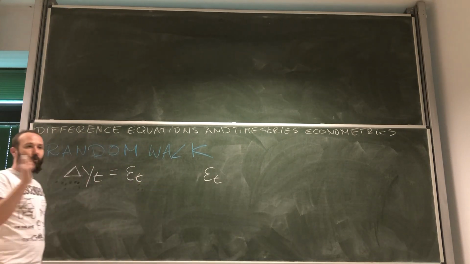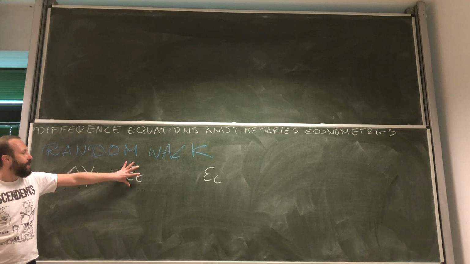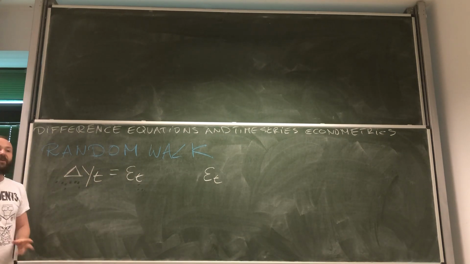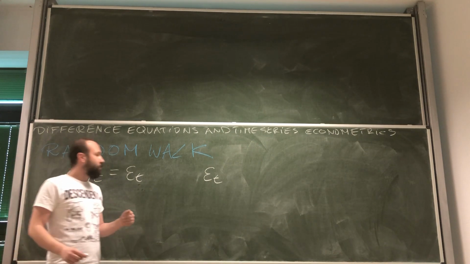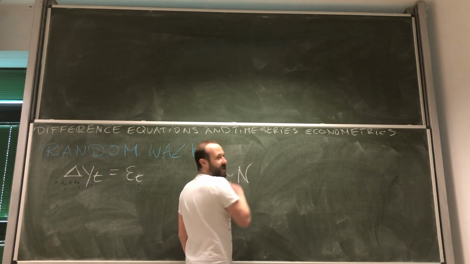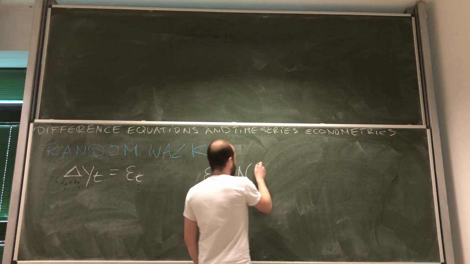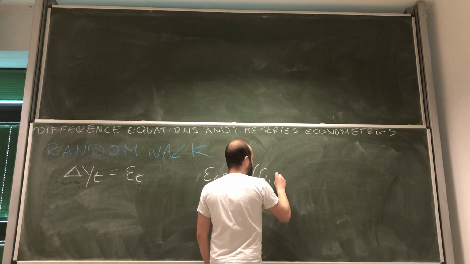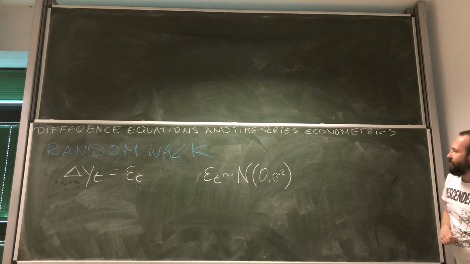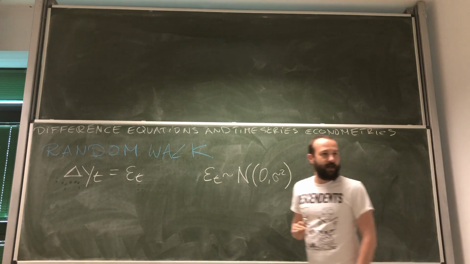And we will be assuming that here we might have different positive or negative shocks. Where do we get that? Well, we will assume for the time being that they come from a normal distribution with zero mean and variance sigma squared.